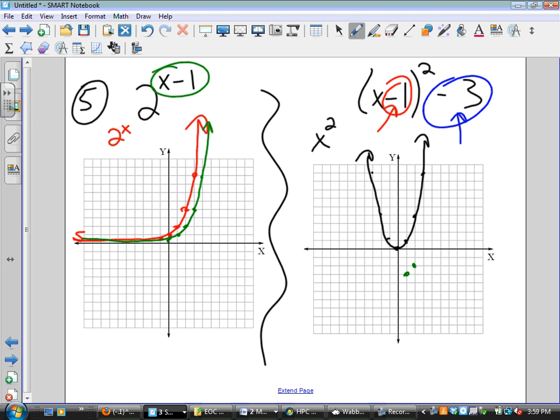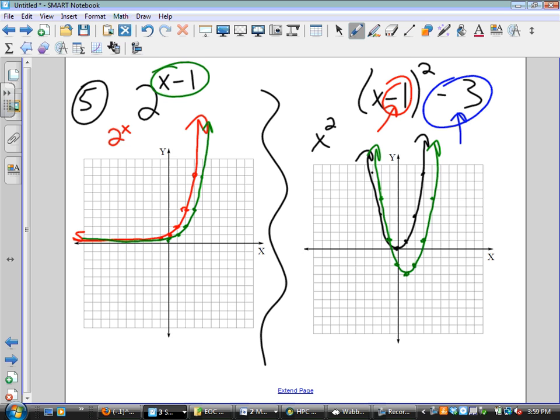So on and so forth. 2, 4, right 1, down 3. 3, 9, right 1, down 3. Then we're going to repeat that process for the other points. Now all we have to do is connect those dots, and we have ourselves a graph.